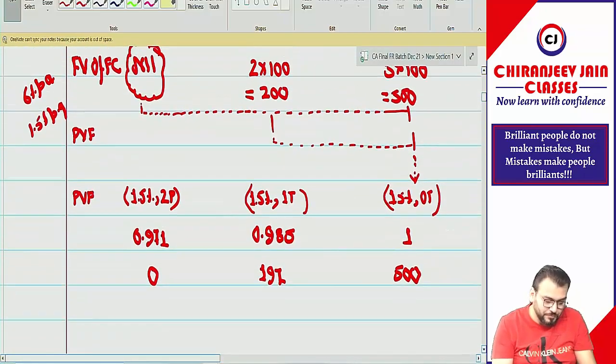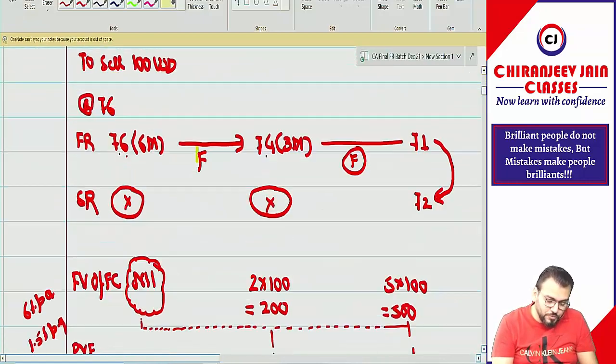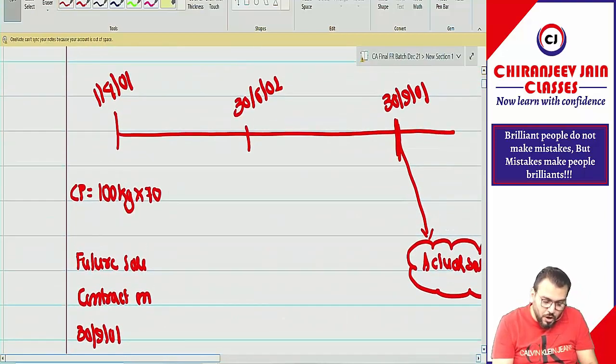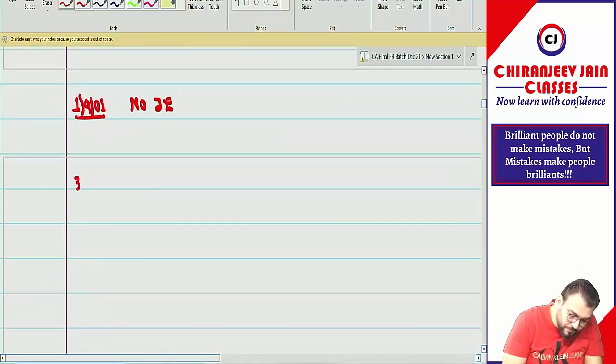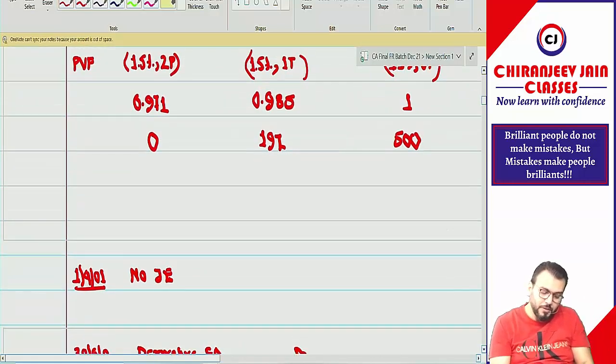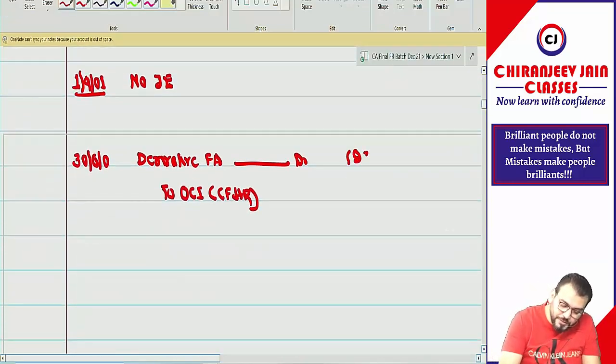Let us start. For entering into the forward contract on 1/4/2001, no journal entry. Then on 30th June 2001, what journal entry? Derivative financial asset account debit, because it is a cash flow hedge, OCI, cash flow hedge reserve, how much? 197.